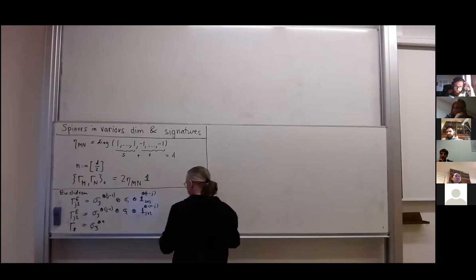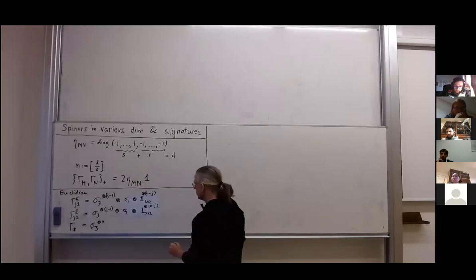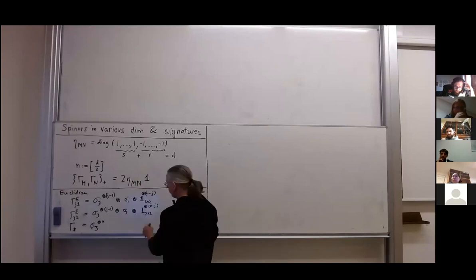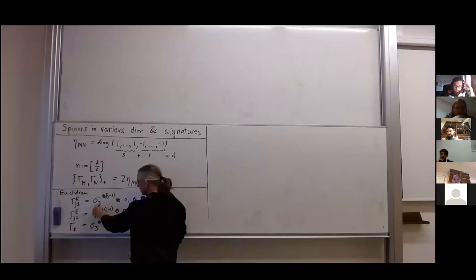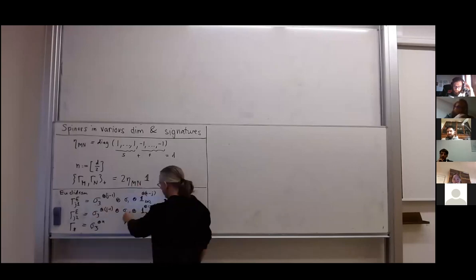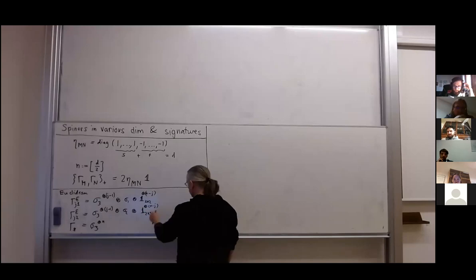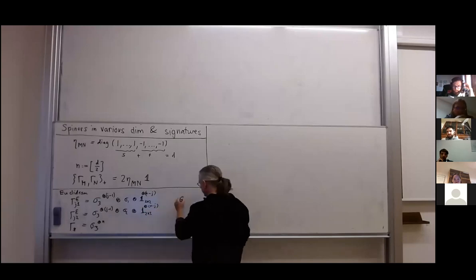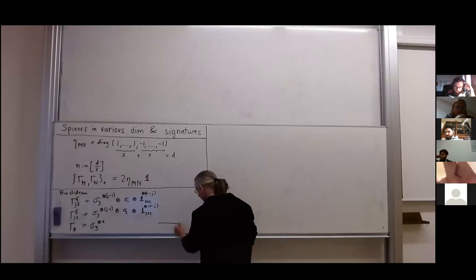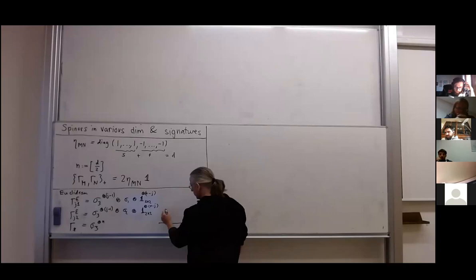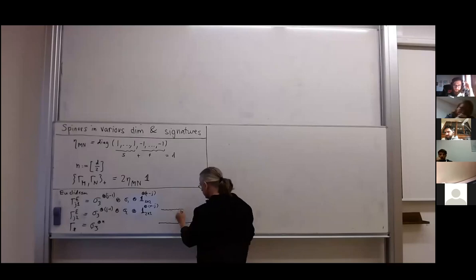So the point was that you should think of sigma 3 as the string and sigma 1 and sigma 2 as the end of the string. The last one, gamma star, would just be a string, and this one would be a string up to the sigma 2 position, and this would be a string up to the sigma 1 position.